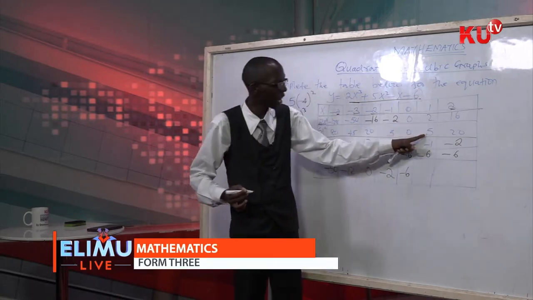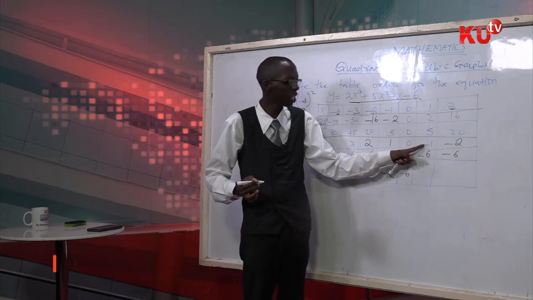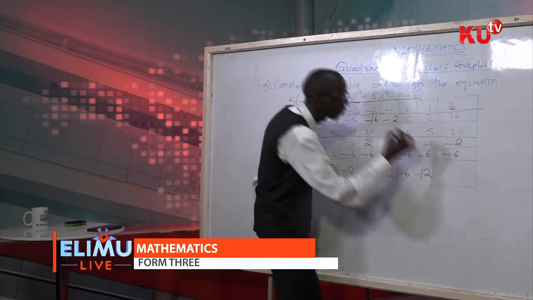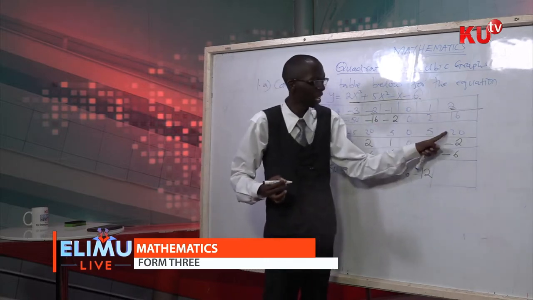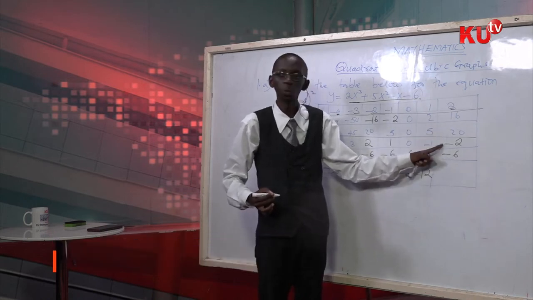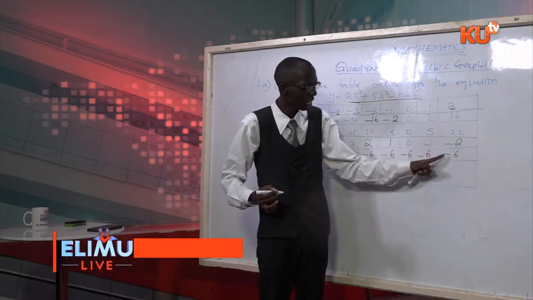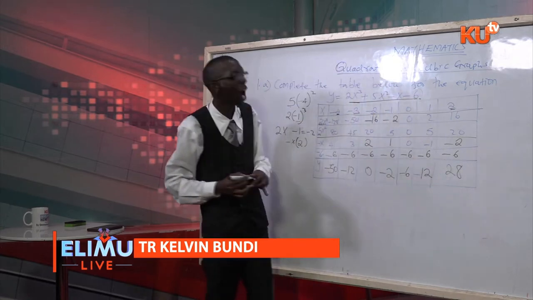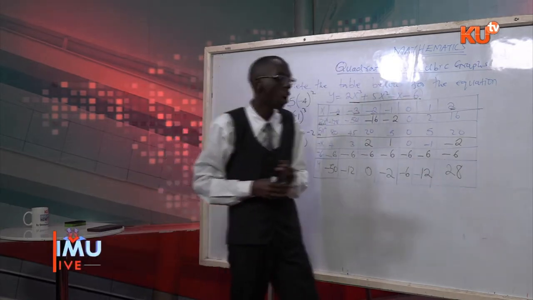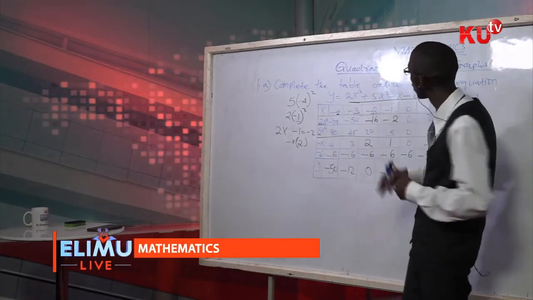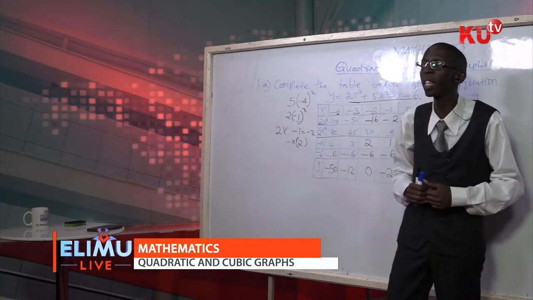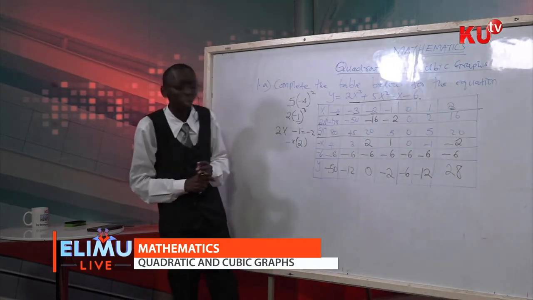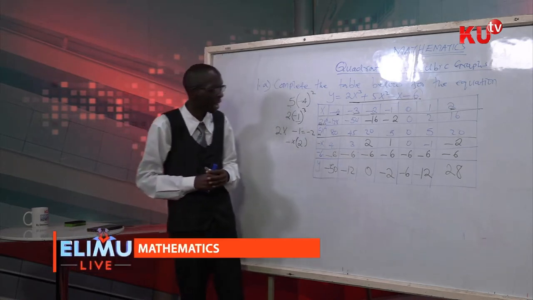Then 0 plus 0 plus 0 plus negative 6 is negative 6. 2 plus 5 is 7. 7 plus negative 1 is 6... negative 6 plus negative 6 is negative 12. 16 plus 20 is 36. 36 plus negative 2 is 34. 34 plus negative 6 will give us 28. And that is how you get the values of y from the given equation and the values of x that you are given in a certain range.